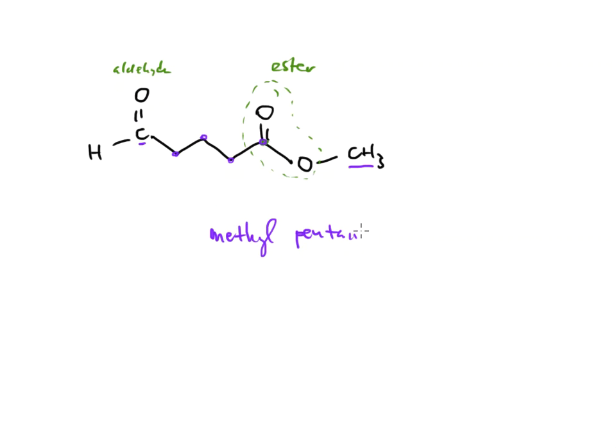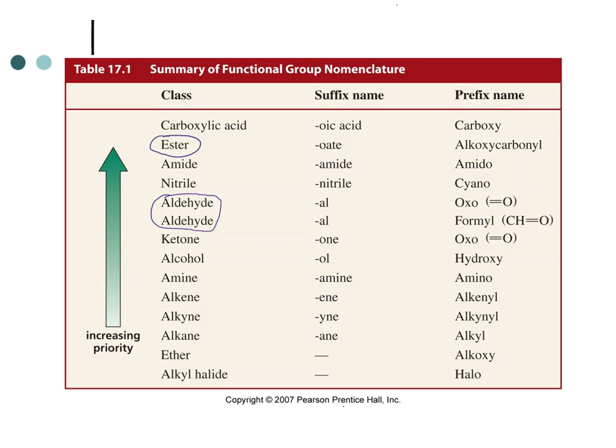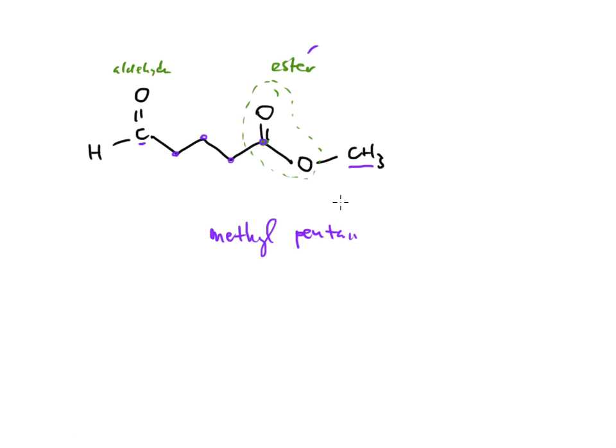Don't add the E, because we're going to drop the E and modify the ending. Do you remember what kind of ending the esters got? If not, the chart tells you the ending should be OATE if you're going to name it as the ester, and that gets priority. So, methylpentanoate.